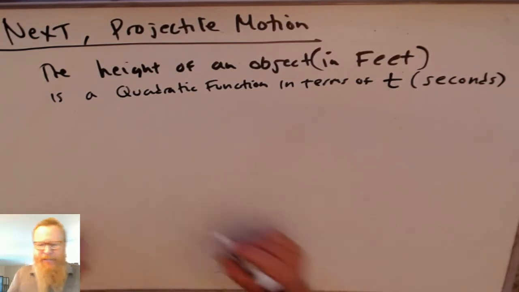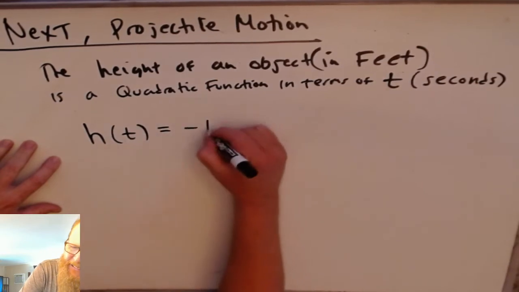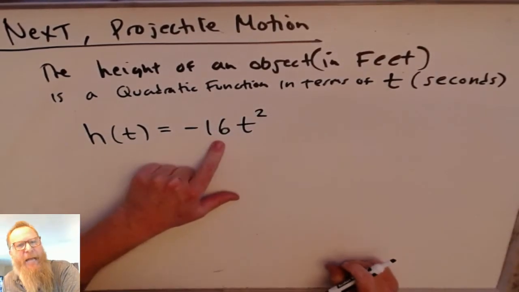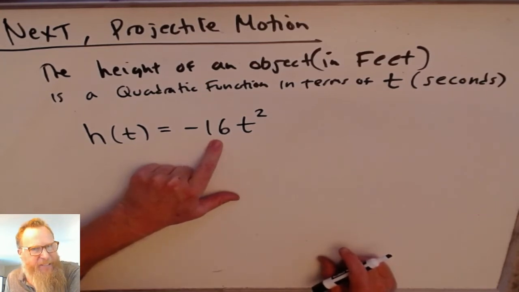And it is always the same if you're talking about feet. It's negative 16t squared. It will always be negative 16. Again, I'm not teaching a course on physics. Otherwise, you'd have to get a whole hour-long lecture on just why that's negative 16.